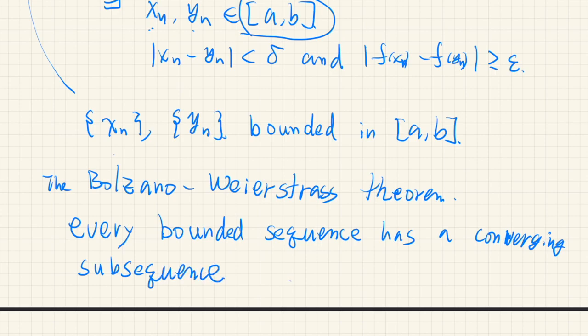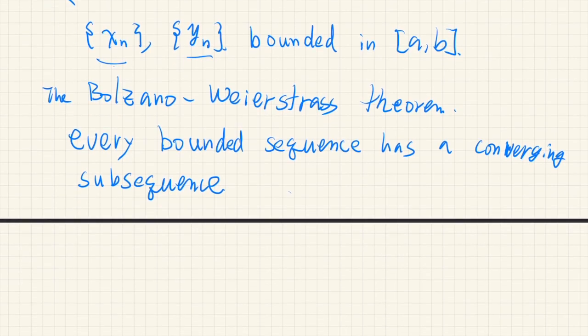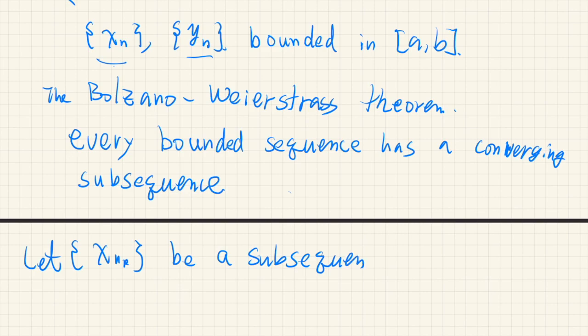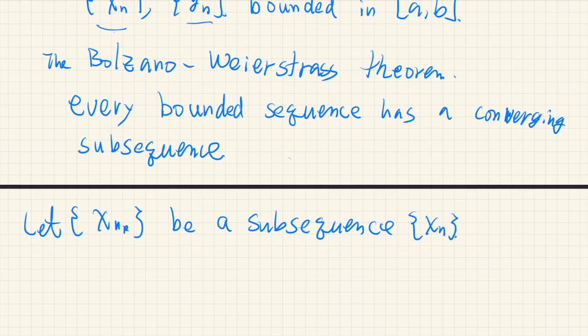So, according to this theorem, x_n and y_n, these sequences have converging subsequences. So, let x_{n_k} be a subsequence of x_n converging to some value.